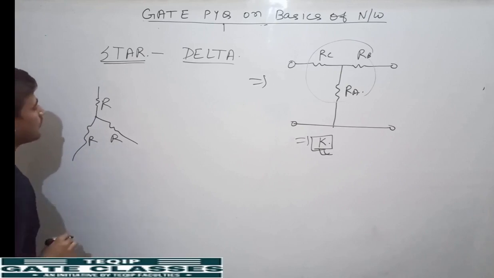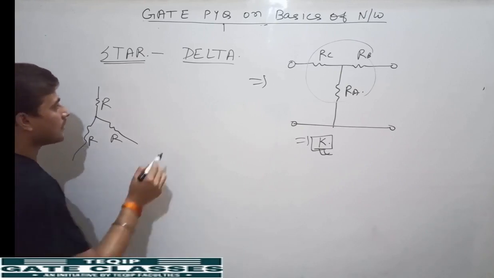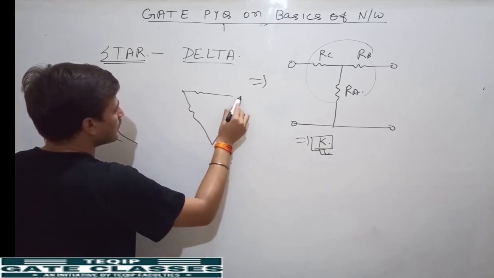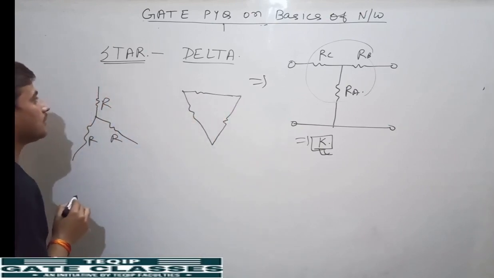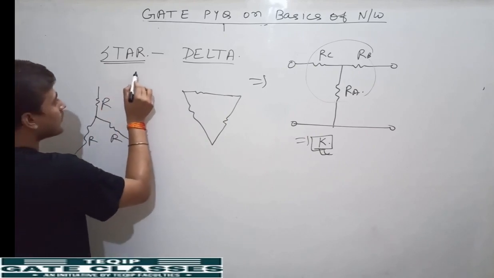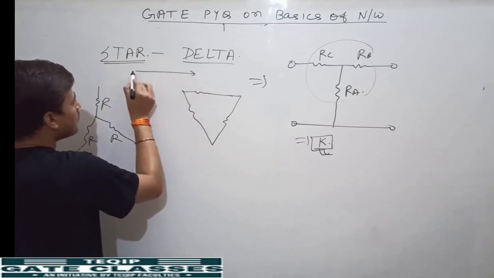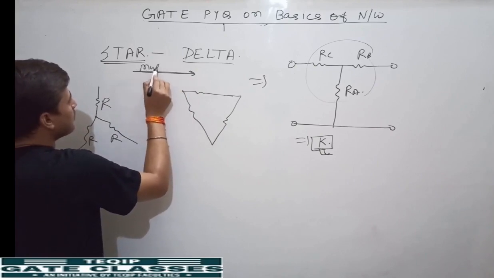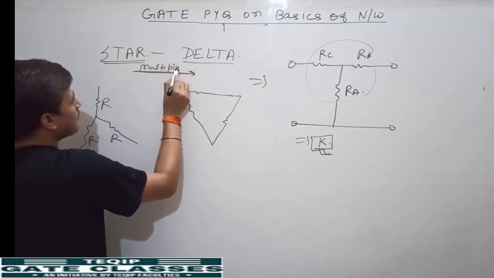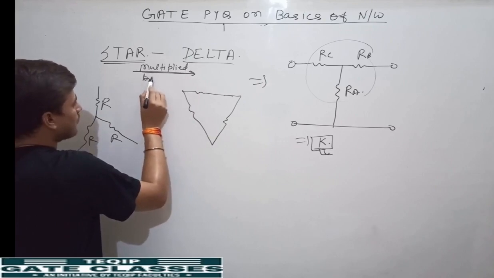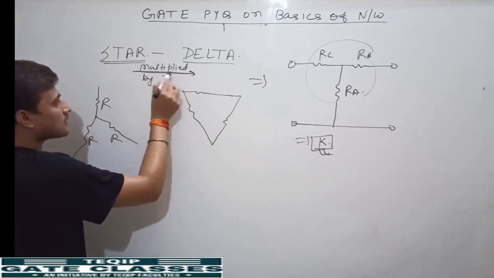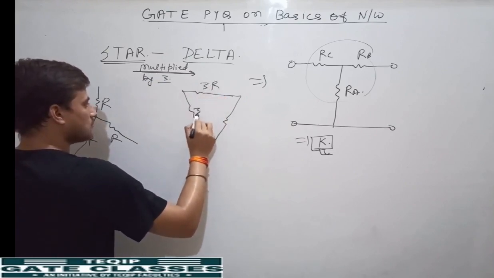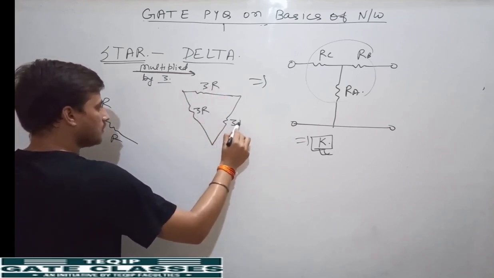When you convert to delta, going from star to delta, the resistance is multiplied by 3, so you can directly write the value 3R.